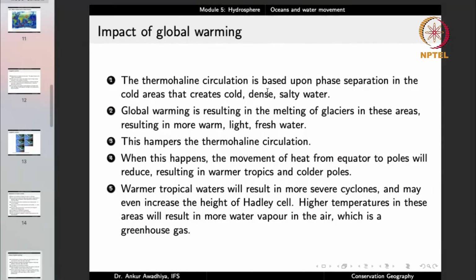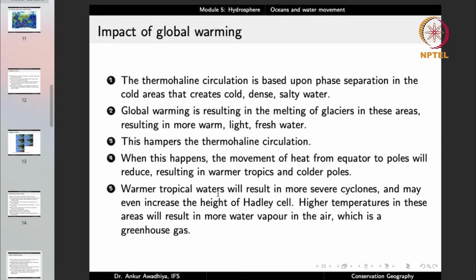So the thermohaline circulation is based upon phase separation in the cold areas that creates cold, dense, salty water. Global warming is resulting in the melting of glaciers in these areas, resulting in more warm, light and fresh water, which hampers the thermohaline circulation. And when this happens, the movement of heat from the equator to the poles will reduce, resulting in warmer tropics and colder poles.